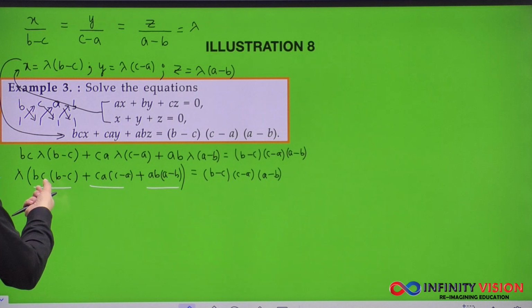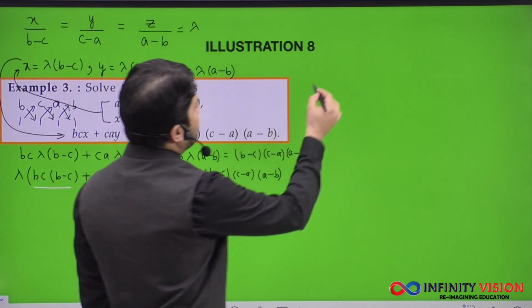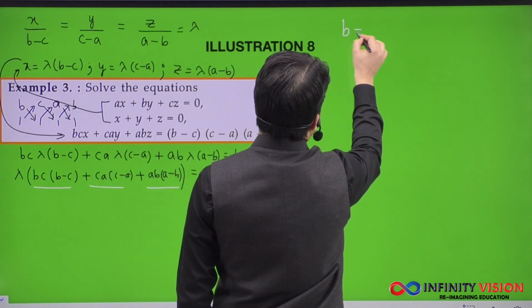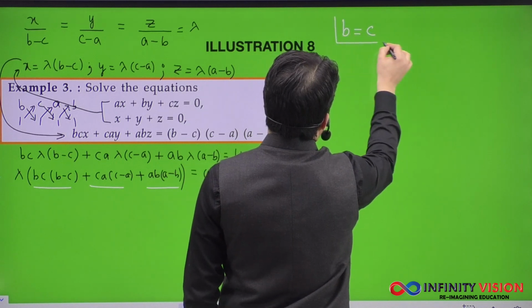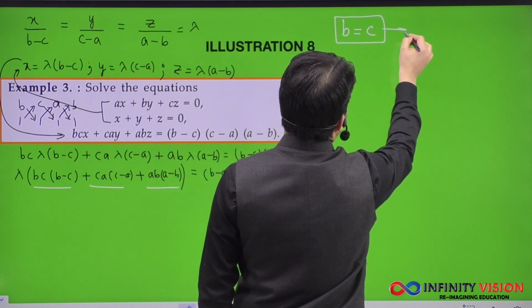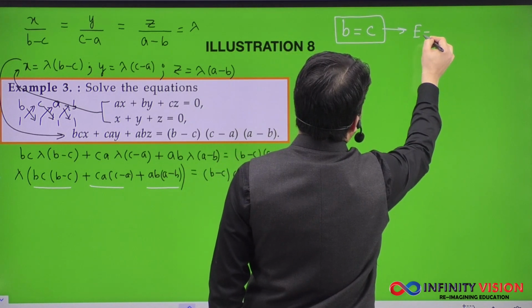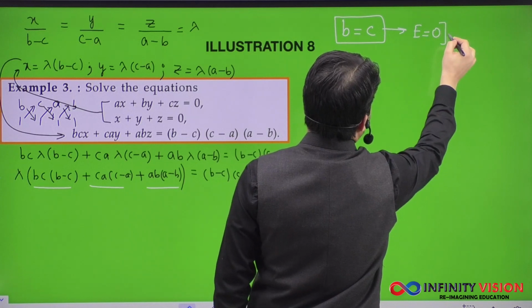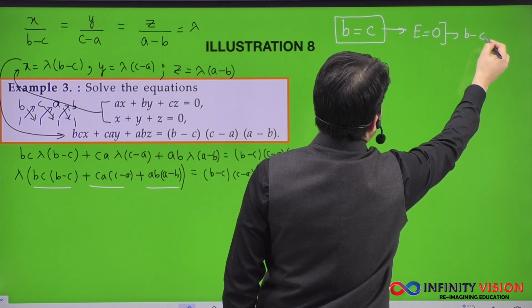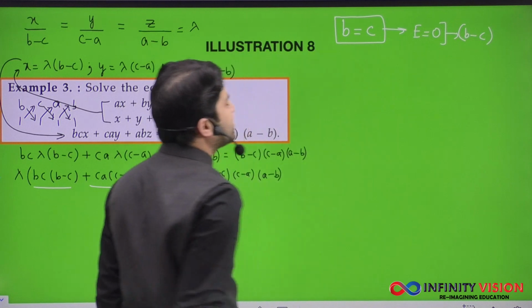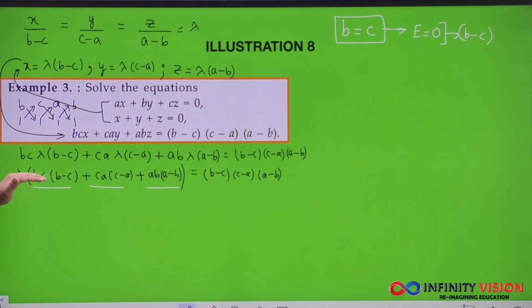So if I replace b with c, which means if the expression becomes 0, it means b minus c is a factor. So wherever you are seeing b, just write c in place of that.